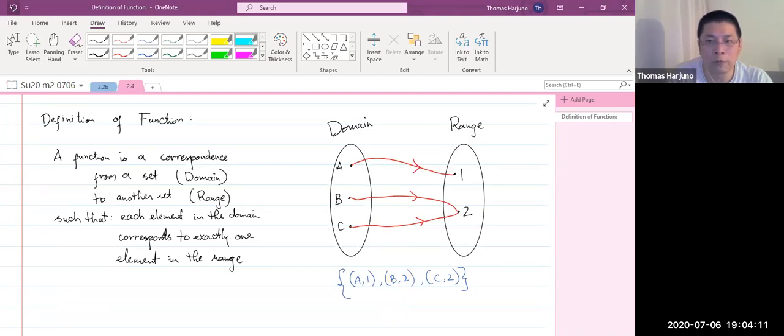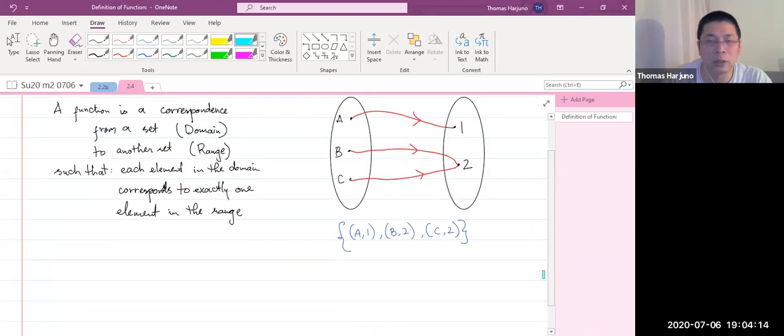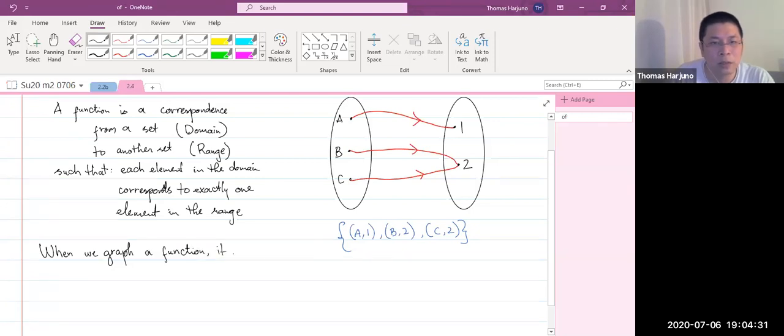Now, one of the big consequences about this: when we graph a function, it must satisfy the vertical line test. What is the vertical line test?